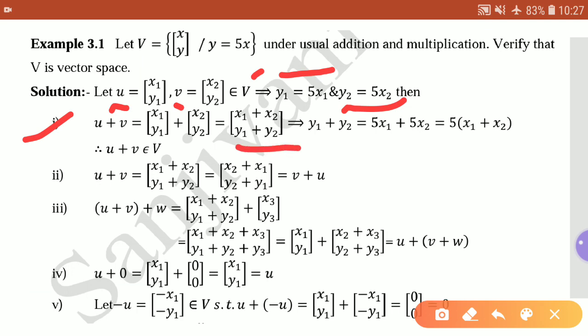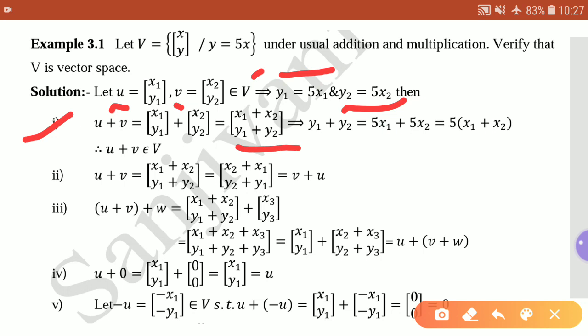So the addition will be component wise: x1 plus x2, and the second element is y1 plus y2. Now for this to be a member of V, we need to verify whether the second element of this sum is 5 times the first element, that is, whether y1 plus y2 equals 5 times (x1 plus x2).